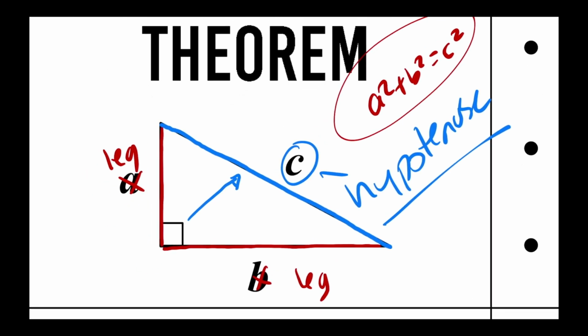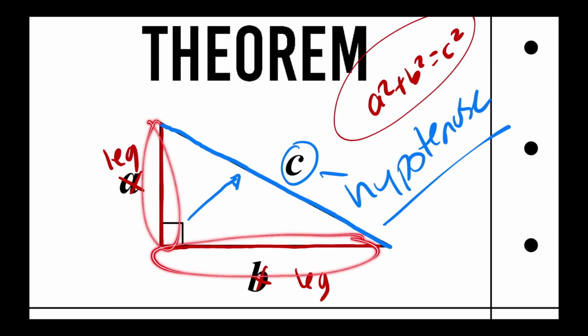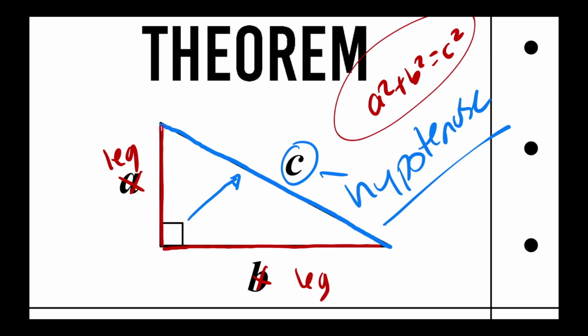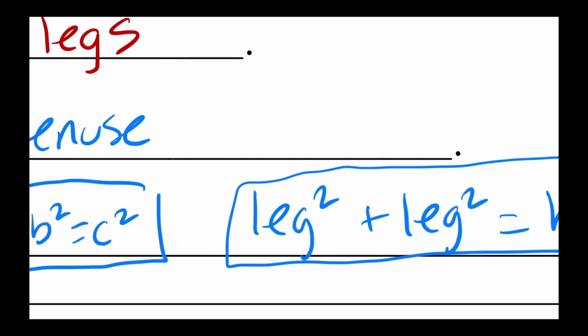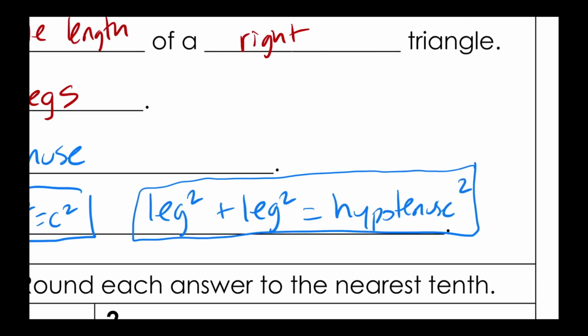It's more useful to remember that the two sides that form this right angle are your legs, and the long side opposite the right angle is your hypotenuse. So you need to remember it as leg squared plus leg squared equals hypotenuse squared.